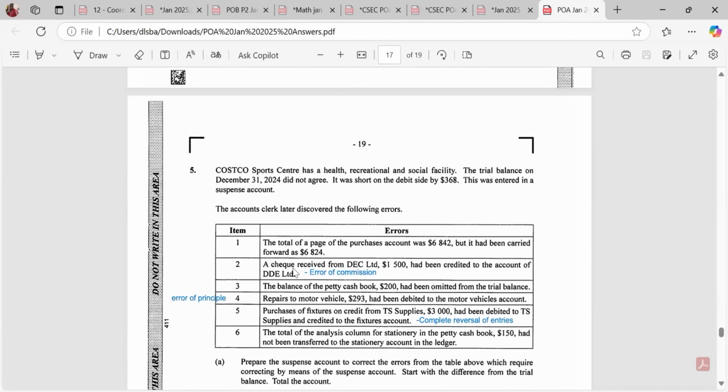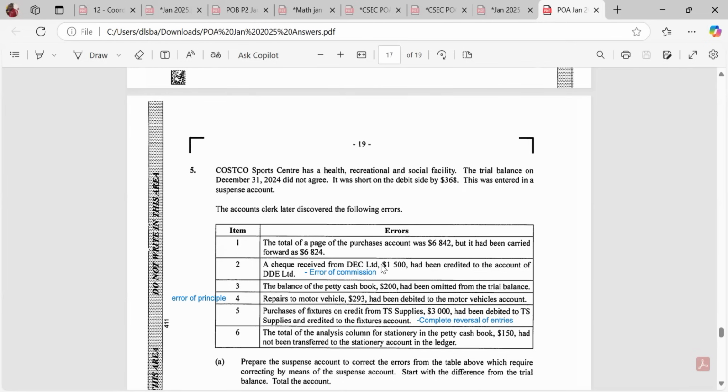So the first one, a check received from the DEC. If we receive the check, will we debit or credit our bank account? Debit. So we debit bank, which means we were supposed to credit the DEC, right? But instead of crediting the DEC, we credited DDE. So we have to take it out of DDE's credit side and then credit the DEC.